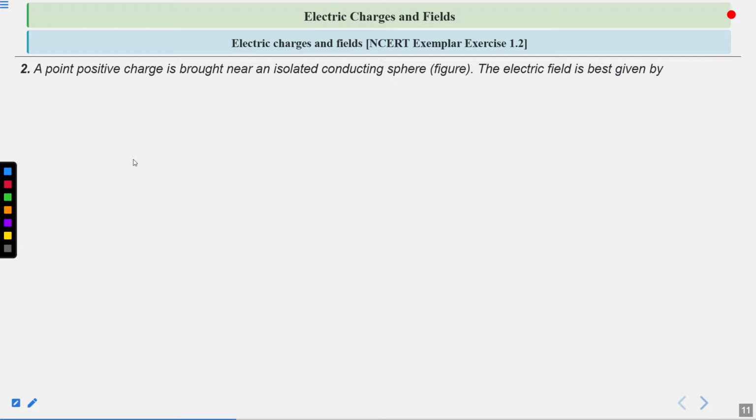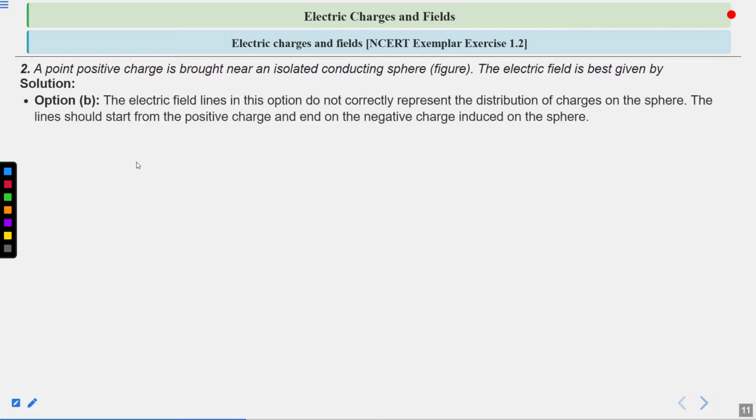If we talk about option B, the electric field lines do not correctly represent the distribution of charge on the sphere. The lines should start from positive charge and end on negative charge induced on the sphere. So this is not correct.